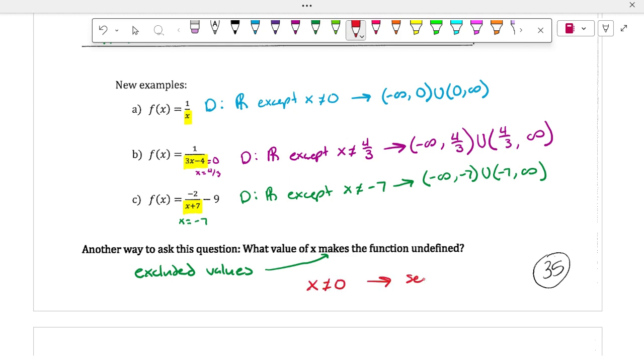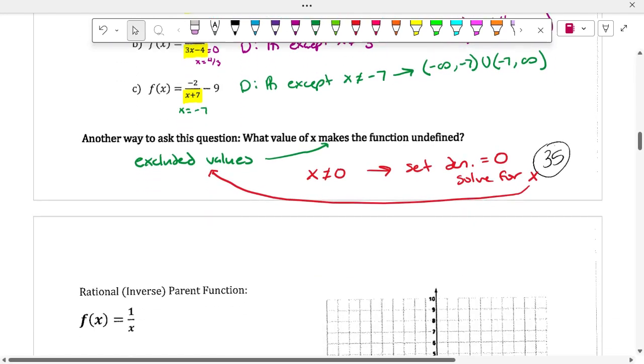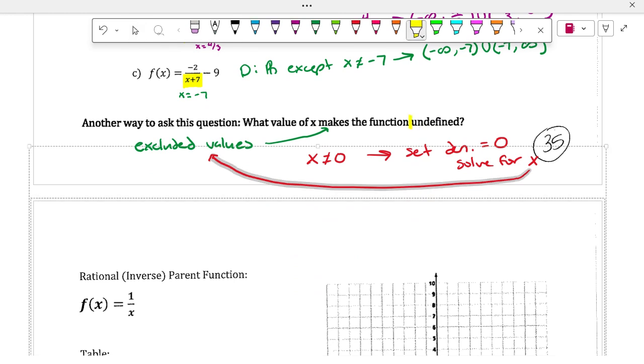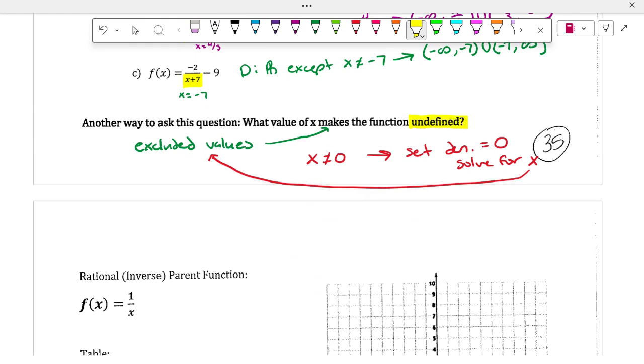So you set the denominator equal to 0 and solve for x, and that gives you your excluded value. Whatever that x value is, that's your excluded value. Now, that also has some other stipulations, which we'll talk about in just a second.